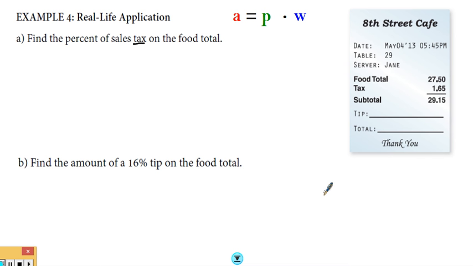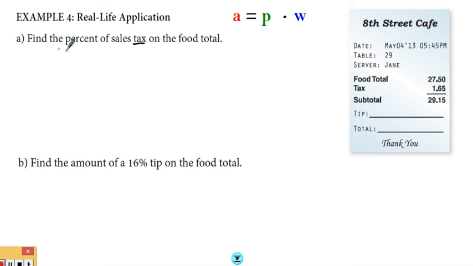So, coming back to this example problem, if this person paid $1.65 for their tax, then what was the percentage of their tax? Remember, California is 7.25%, but what about this, whatever city or state? What was their percent tax? That's what they're asking about.